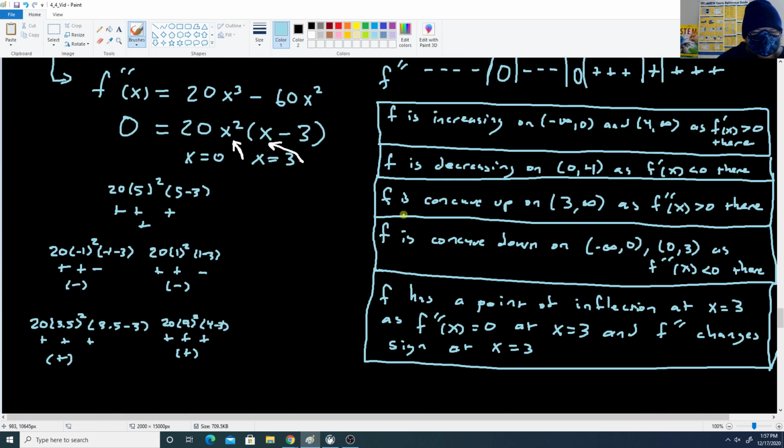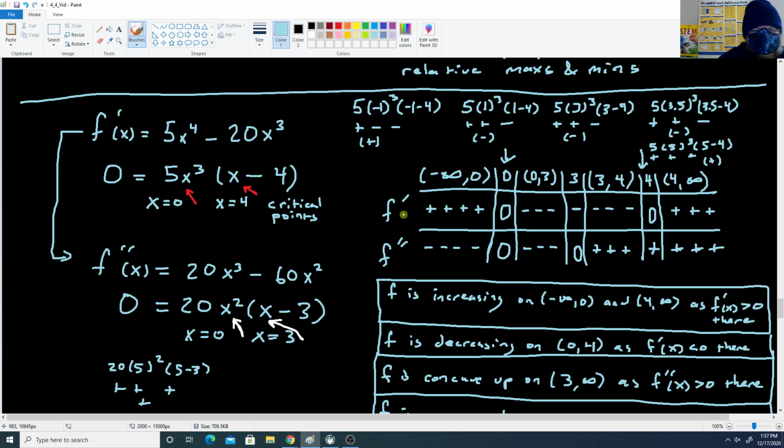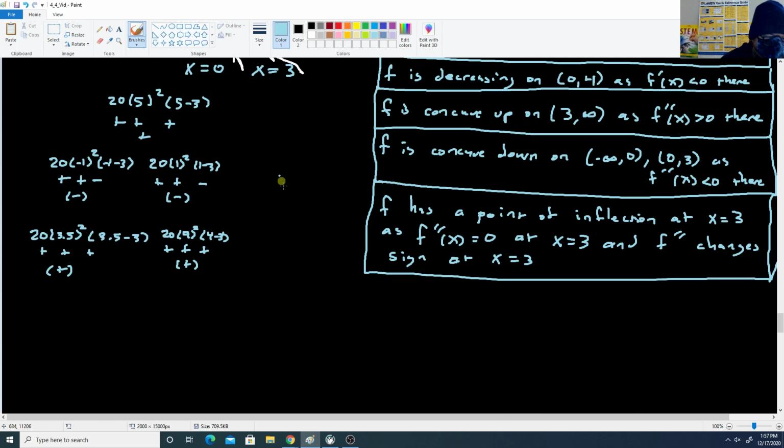So what we'll say is f has a relative minimum at x equals 4 as x equals 4 is a critical point.